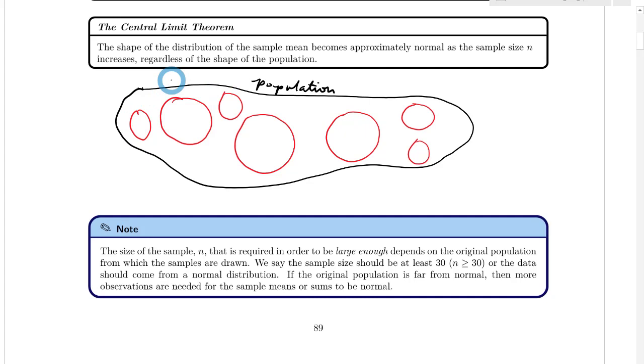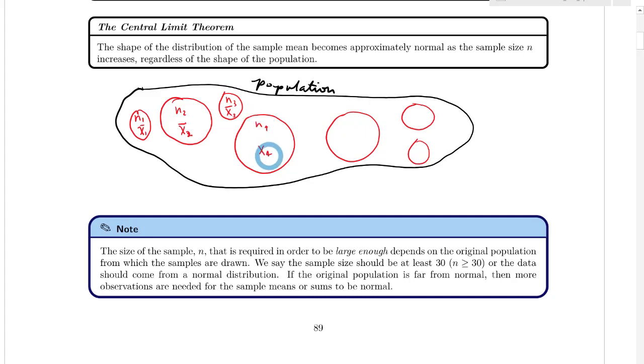If you take the average of each sample of size n, you have all these averages from all these samples.